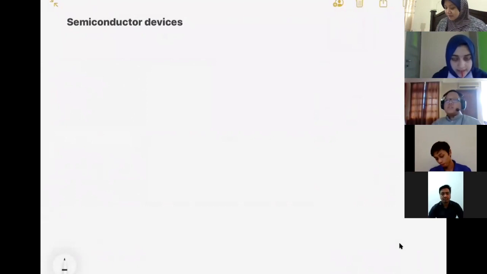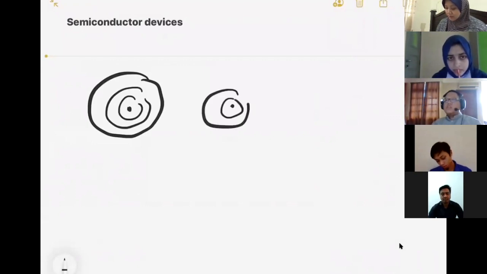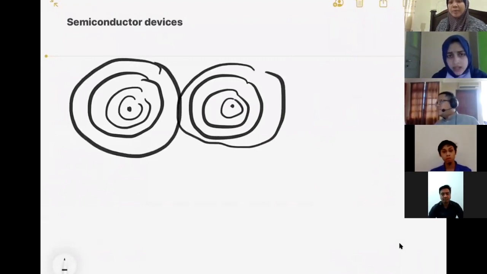So remember last time we talked about the atom. Each atom has its own orbitals, atomic levels.